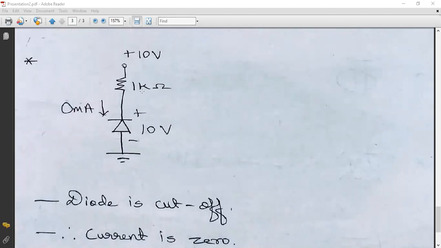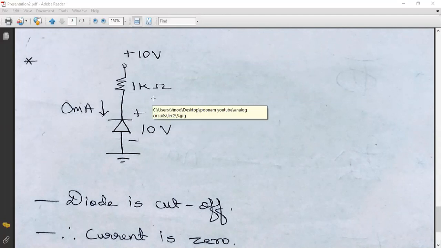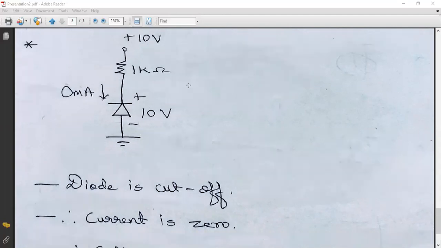Here we can see a 10 volt voltage is applied, the current is 0 milliampere, and the resistor is again 1 kilo ohm. If we carefully observe this, the negative terminal is applied to the anode and the positive terminal is applied to the cathode.